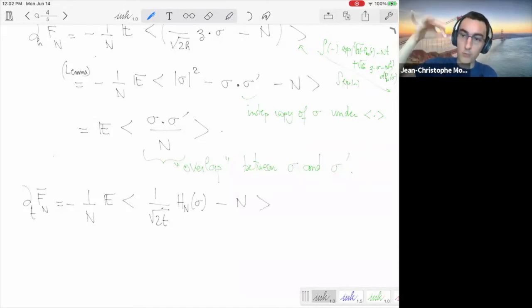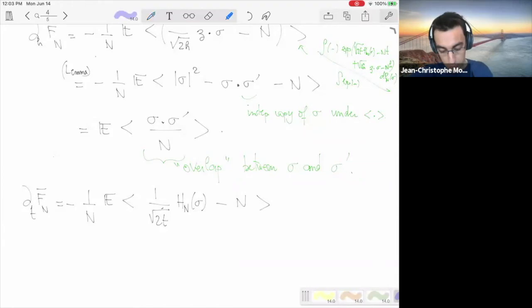And so we're going to do the same, we're going to apply the lemma of Gaussian integration by parts. So we're again going to wonder about the correlations between this field and the energy function. And in this case, the only thing that is correlated with Hn of sigma in the energy function is Hn of sigma itself.